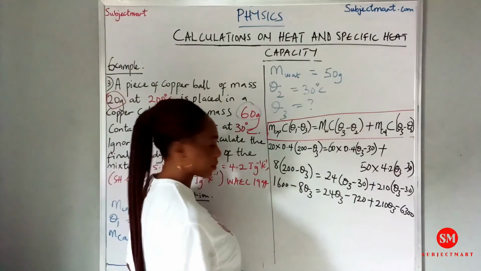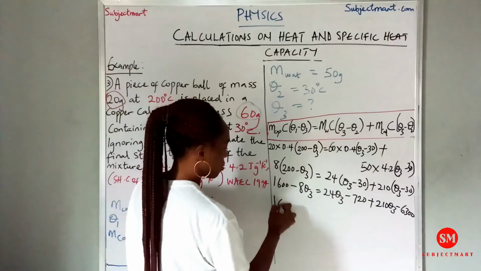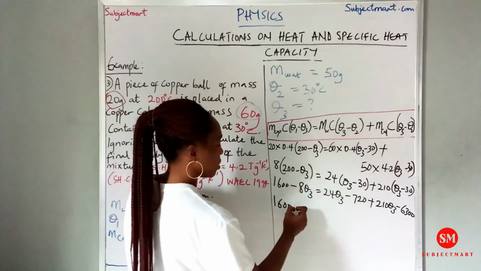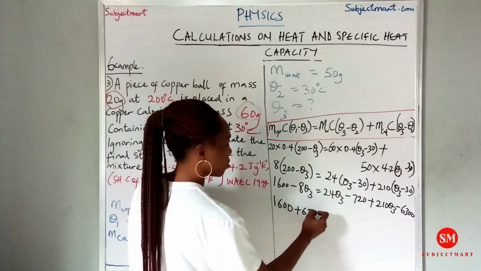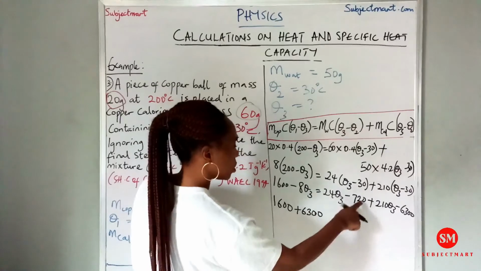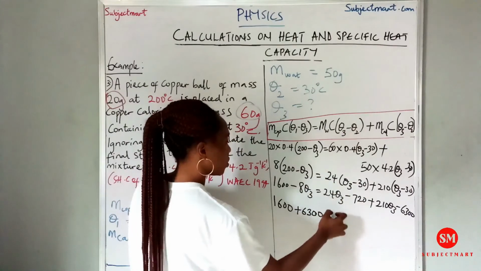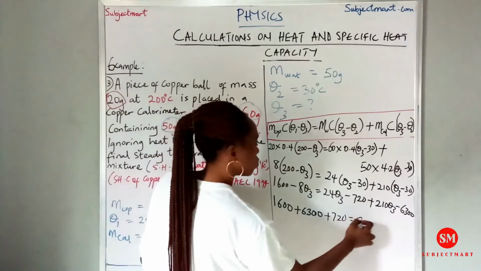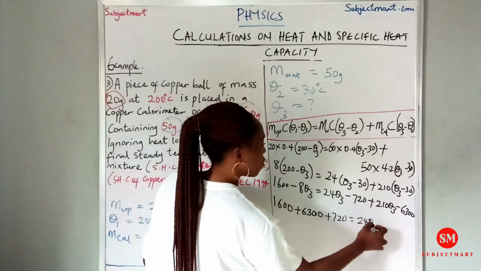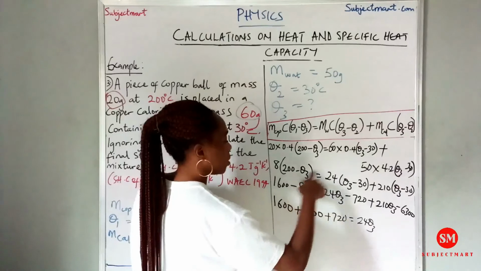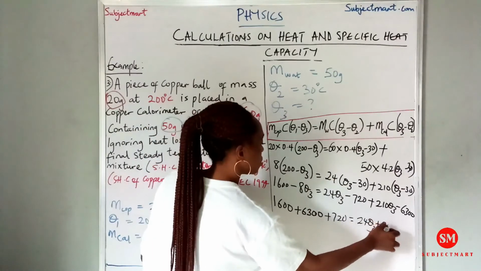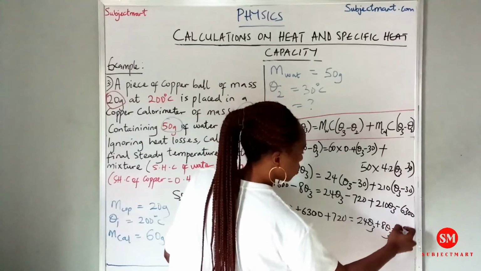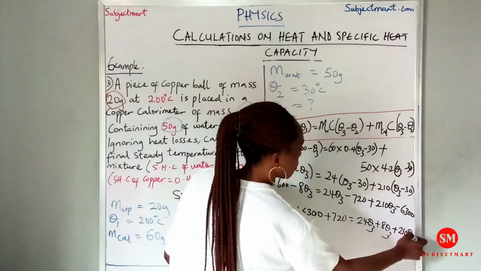So we collect like terms. 1600, this comes to this side, plus 6300, plus 720 to this side, is equals to 24 theta 3 plus 8 theta 3 plus 210 theta 3.